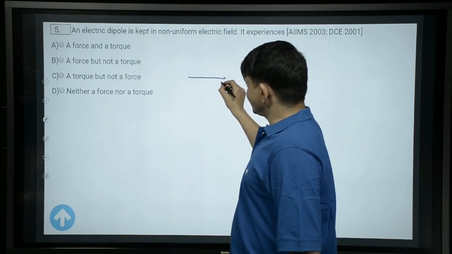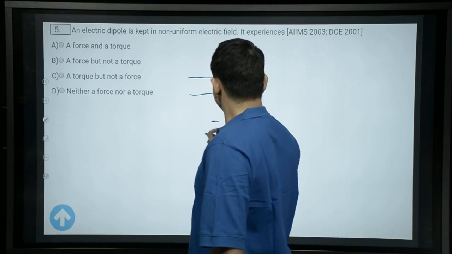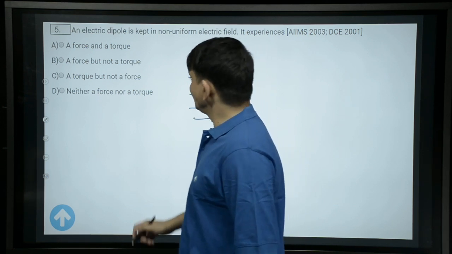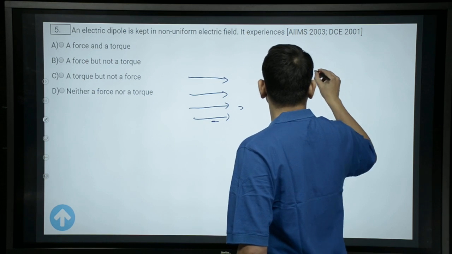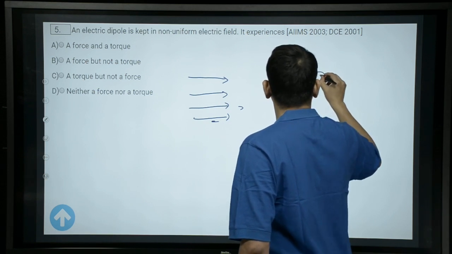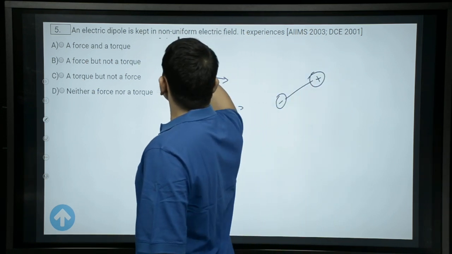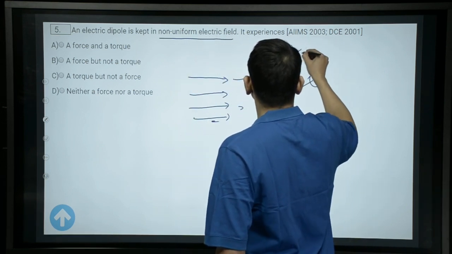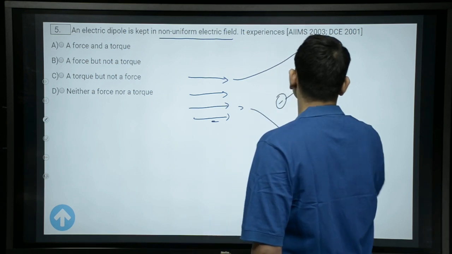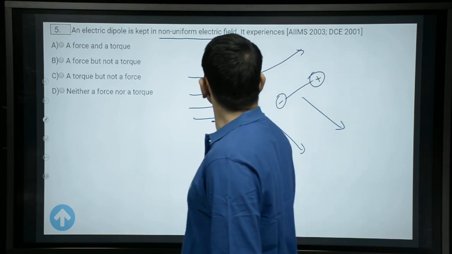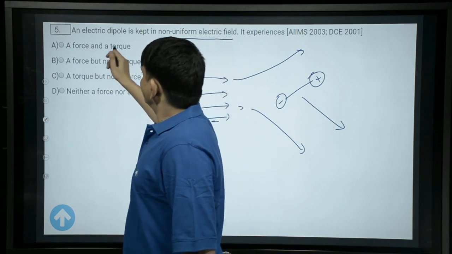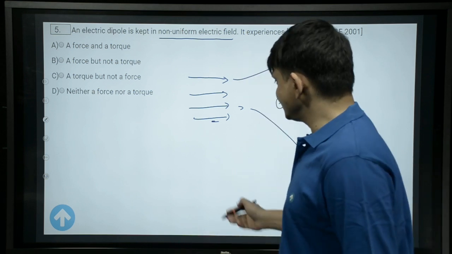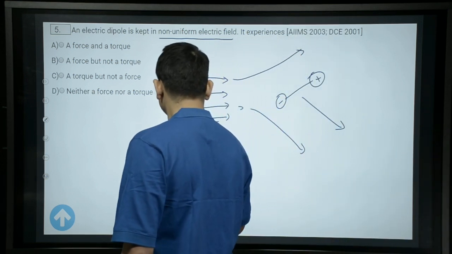Consider again an electric field and a dipole, say kept in a non-uniform electric field. This could be something increasing or decreasing. One way of showing a non-uniform electric field is simply putting a point charge here.